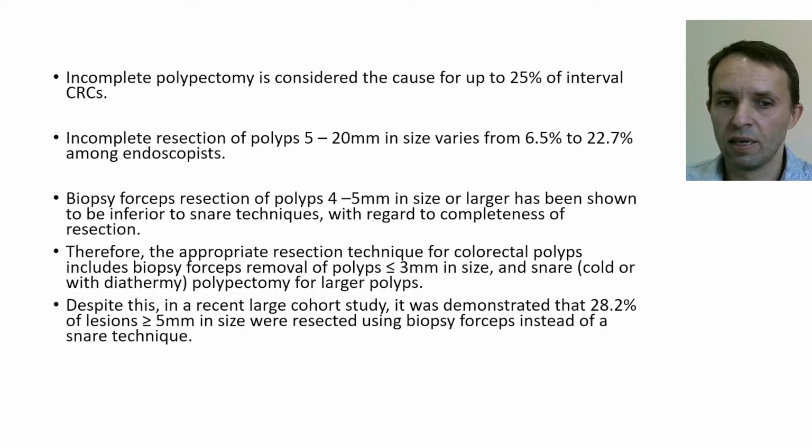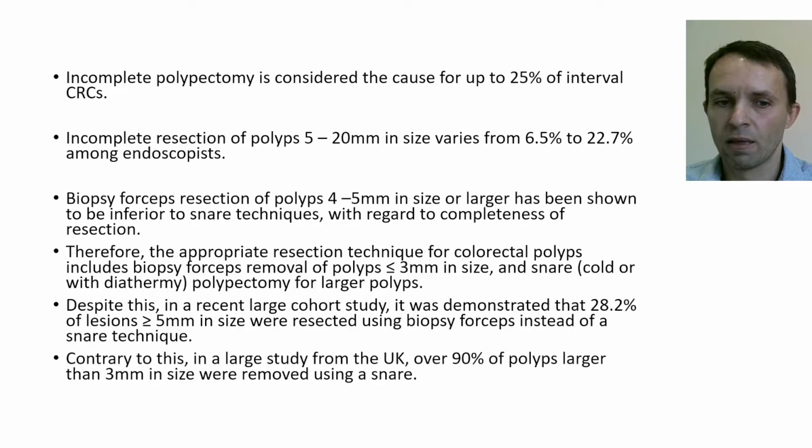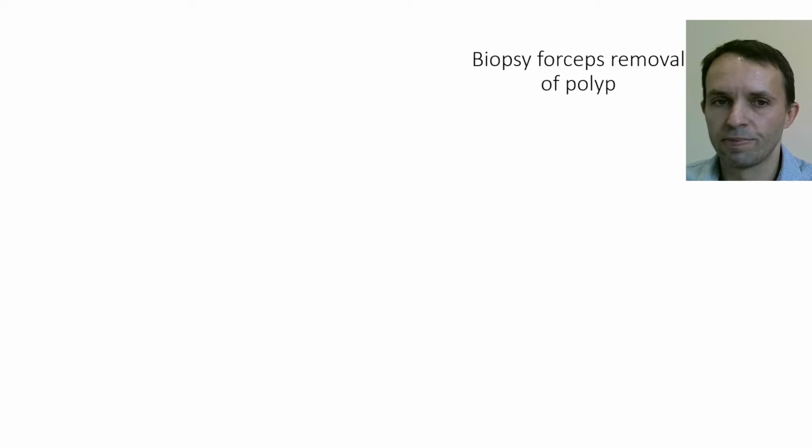Despite this, in a recent large cohort study, it was demonstrated that even 28% of lesions more than 5 millimeters in size were resected using biopsy forceps instead of a snare technique. Contrary to this, in a large UK study, over 90% of polyps larger than 3 millimeters in size were removed using snare.